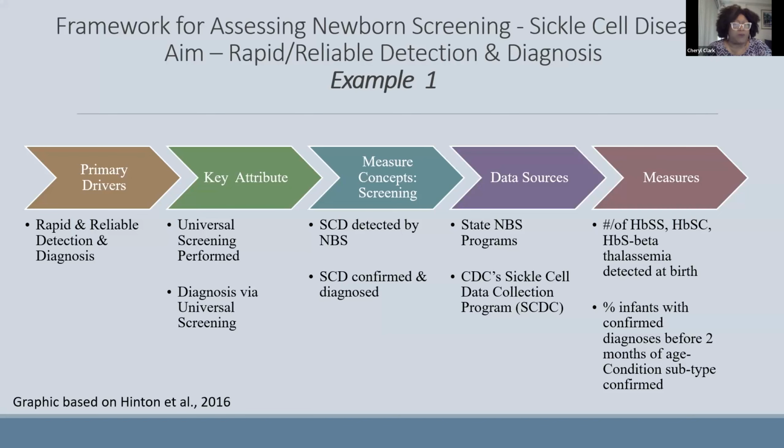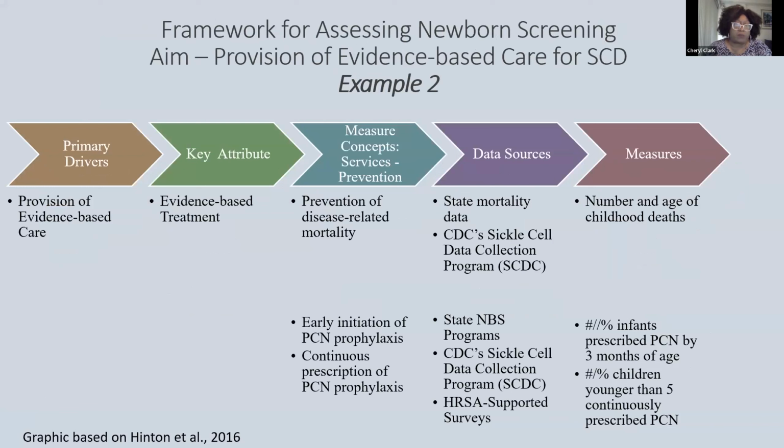The second example, using sickle cell disease again, is the provision of evidence-based care. And this is the key attribute, that there's evidence-based treatment. And then there are two concepts which are aligned with prevention: prevention of disease-related mortality among children with sickle cell disease, and also the early initiation of prevention of pneumococcal infections, like penicillin, given at different interventions as specified by the literature, the evidence, right?